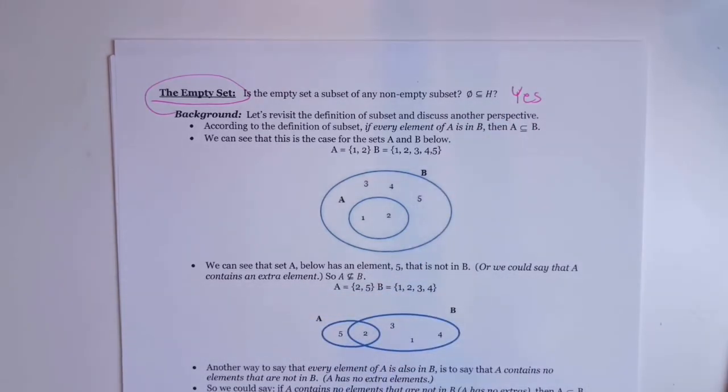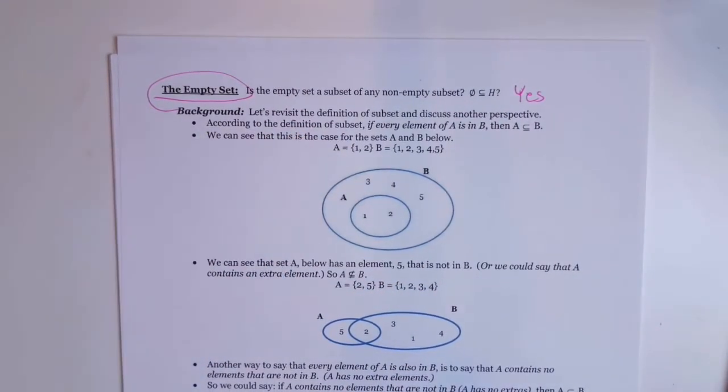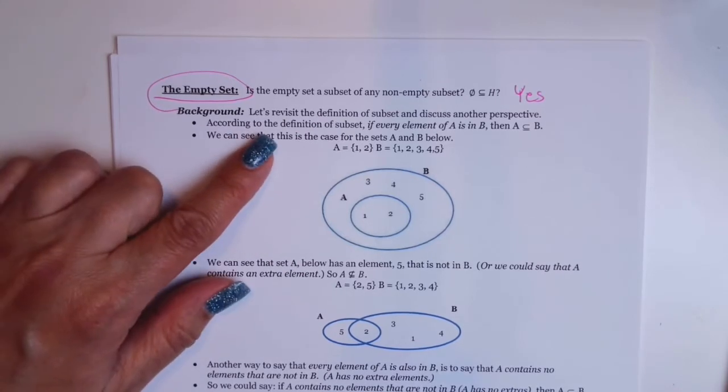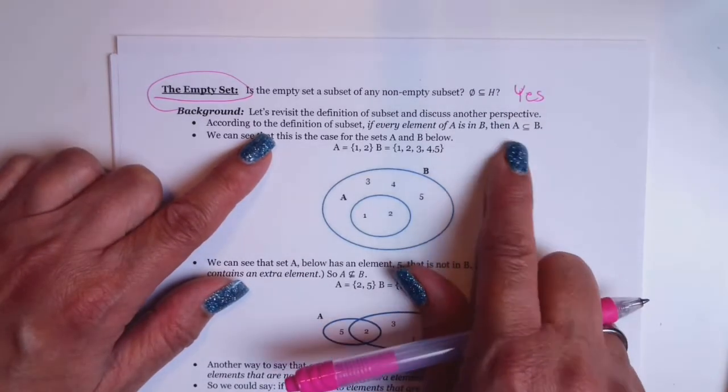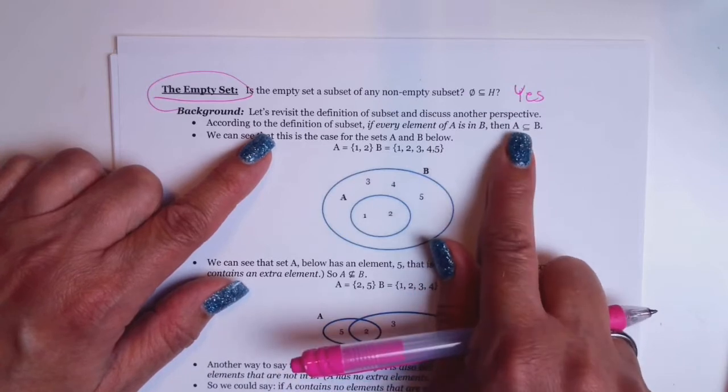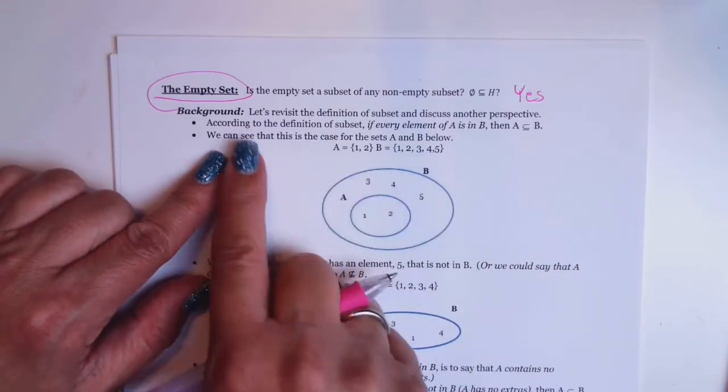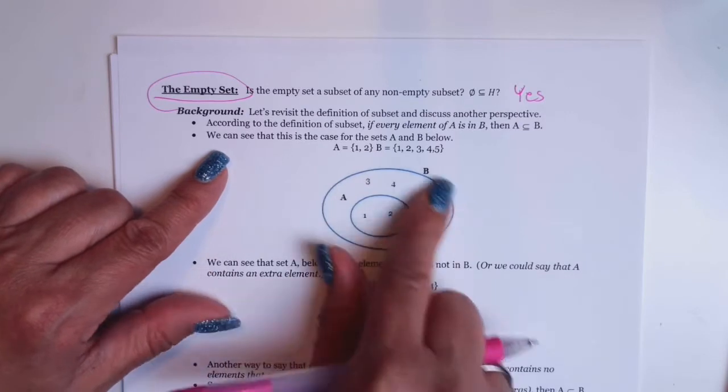Okay, so let's look at some background. Let's revisit the definition of subset and discuss another perspective. According to the definition of subset, if every element of A is in B, then set A is a subset of set B. We can see that this is the case for the sets below.